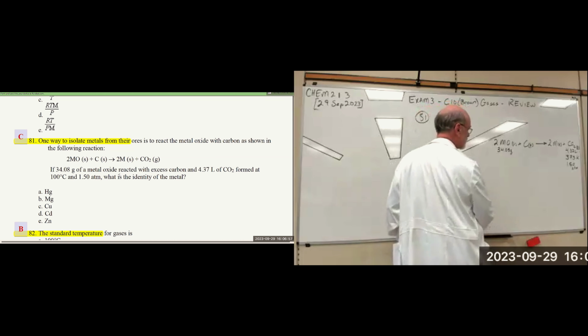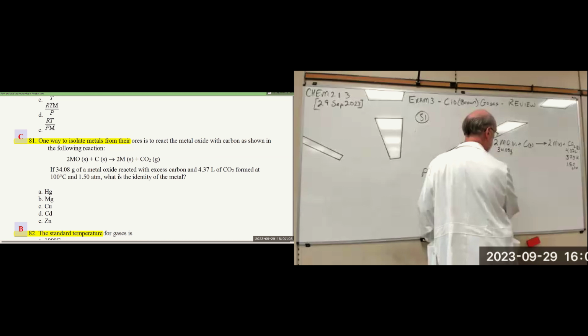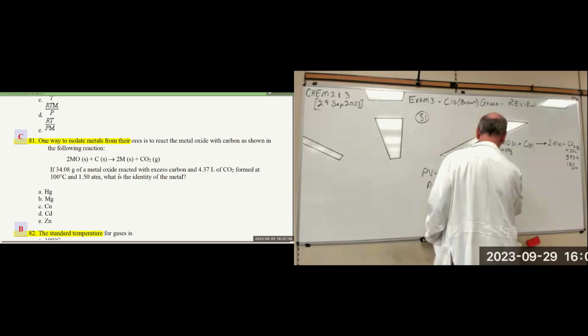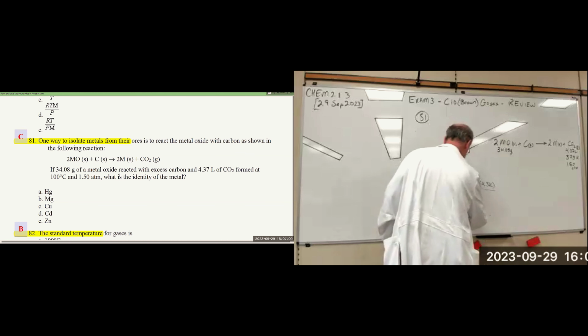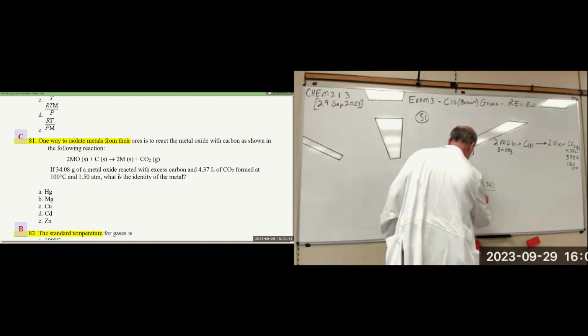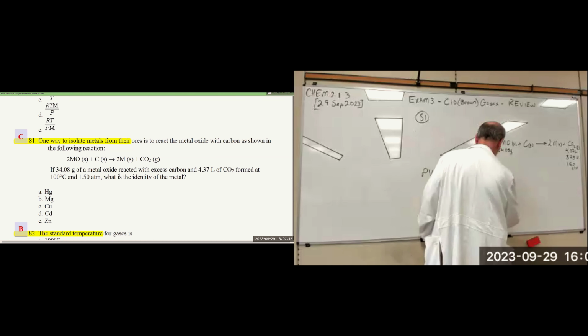Pressure is 1.5 atmospheres. Volume is 4.37 liters. R is 0.08206. And temperature is 373.